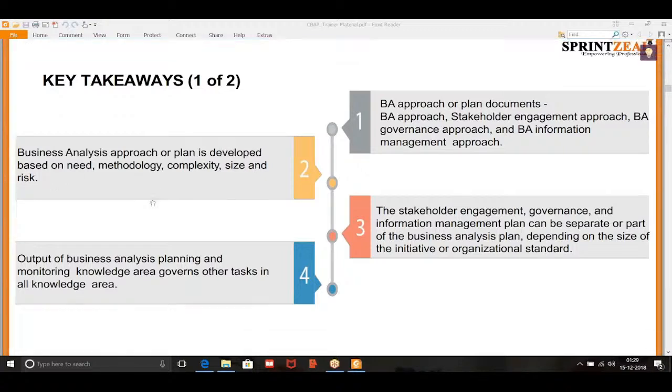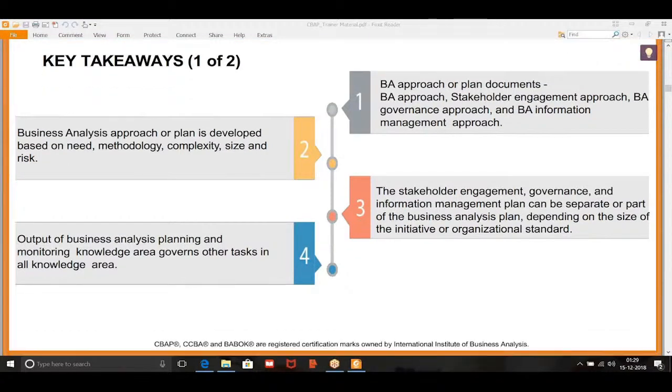Stakeholder engagement, governance, and information management plans can be separate or part of the business analysis plan, depending on the size of the initiative or organizational standard. Of course, if you're creating a business analysis plan, you're not going to create a separate document for each of these. You can mention them in separate sections in one business analysis plan document.